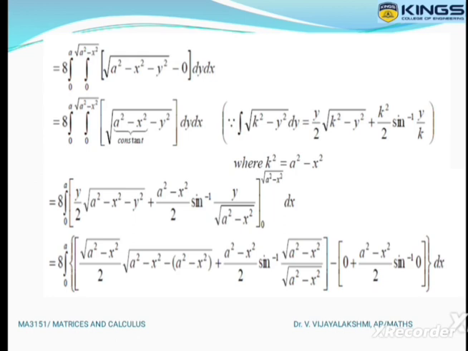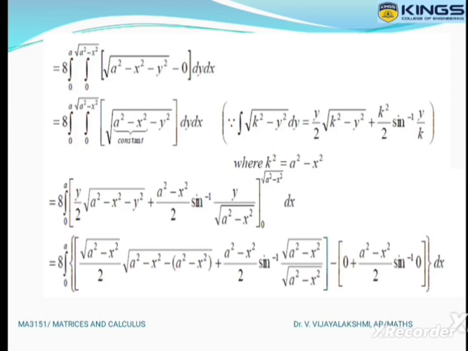Now replacing the value of k in this formula, we get y by 2 root of a square minus x square minus y square plus, since k square is a square minus x square, we can replace it, a square minus x square by 2 sin inverse of y by root of a square minus x square, over the limit 0 to root of a square minus x square dx. Next we have to apply the limit y is equal to root of a square minus x square.